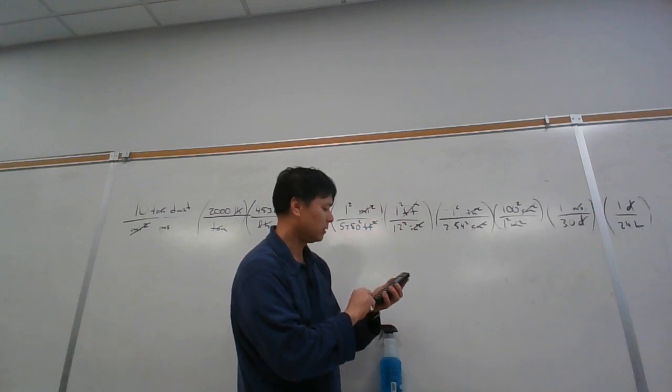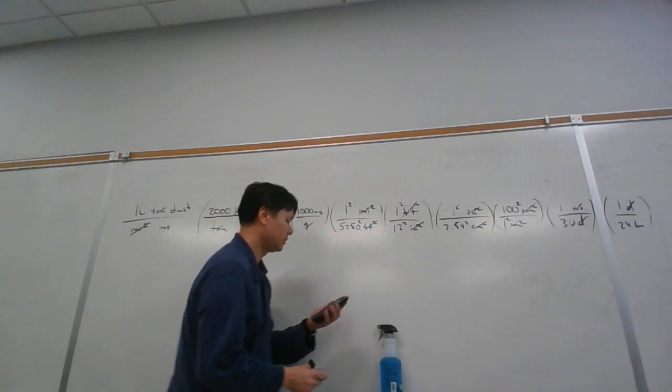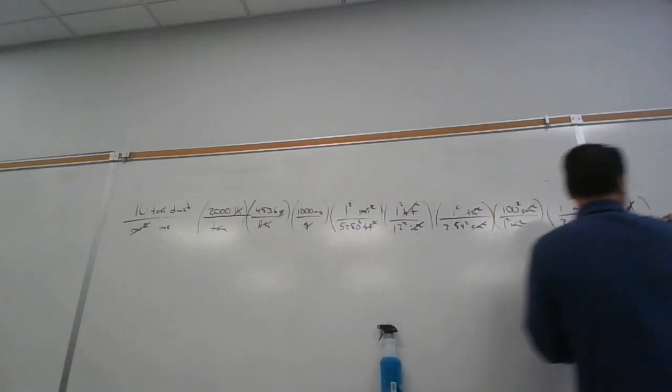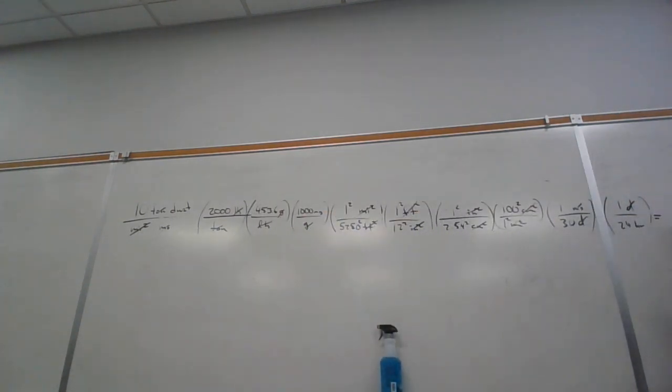Divided by 30. Divided by 24. And I get 4.8649, and the units here would be milligrams per square meter per hour. Is that what you guys got?